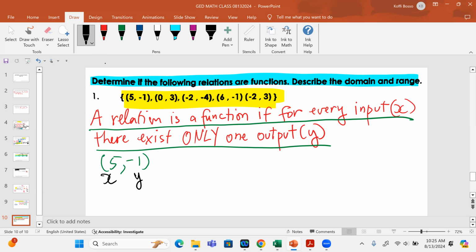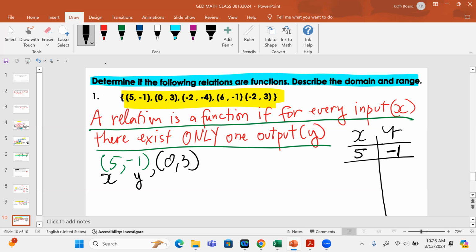So input 5 has output negative 1. So far, so good. Let's make a table here, please. I have an x, I have a y. So this will tell me that when x is positive 5, the y is negative 1. Okay, the second we have 0, comma 3.